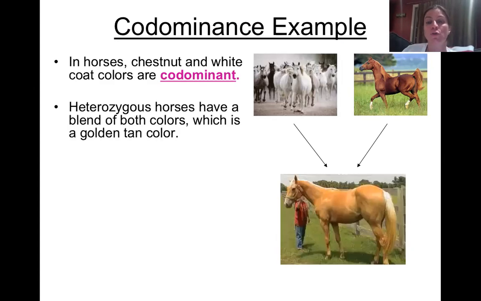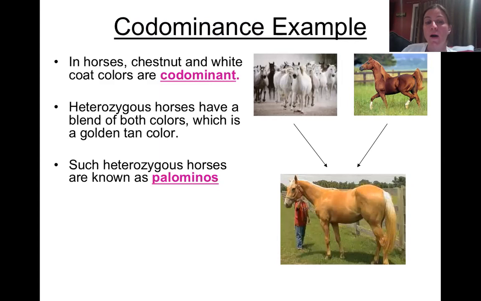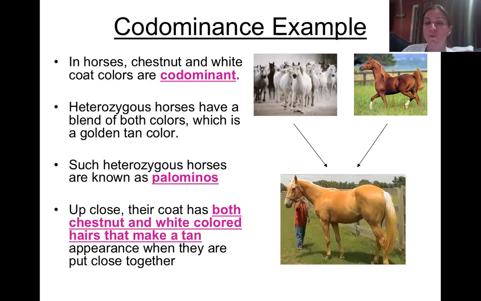So when you mate a chestnut horse and a white horse, you get what's called a palomino, where if you take a look at the horse and you get in real close, you'll see a dark brown hair, and then a white hair, and then a dark brown hair, and then a white hair. So basically, since both of those are visible in the actual coat of the horse, it's making them look tannish.